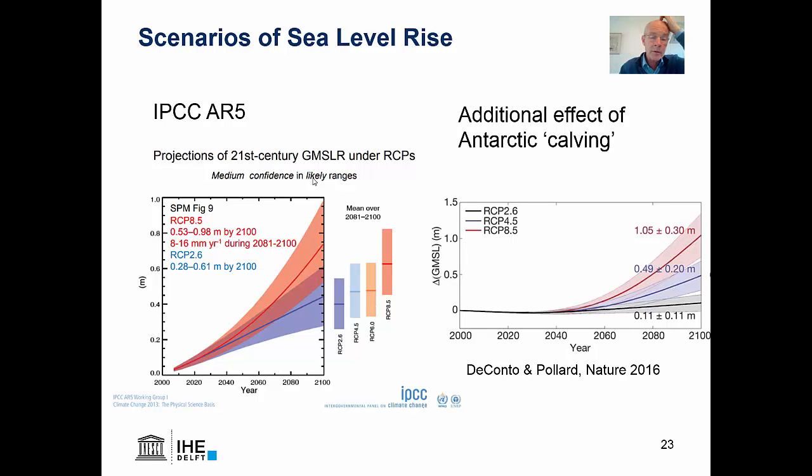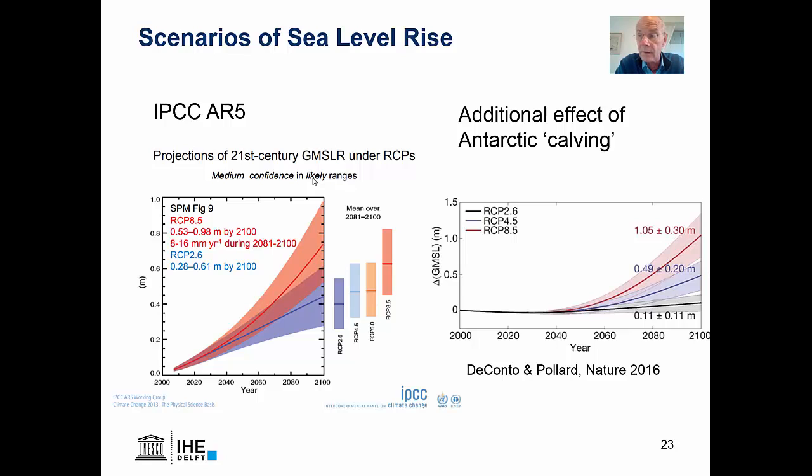Because we have to deal with these scenarios of climate change, which currently run, let's say, somewhere between 30 centimeters and a meter by 2100.